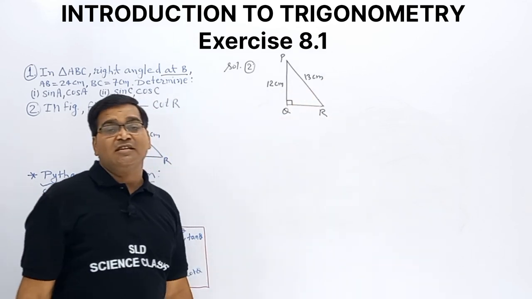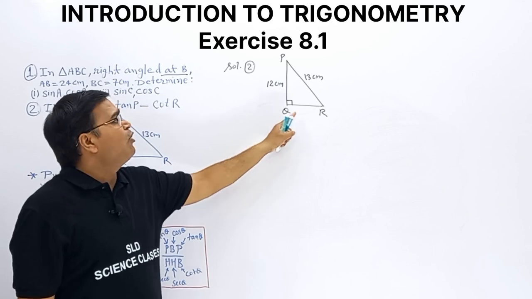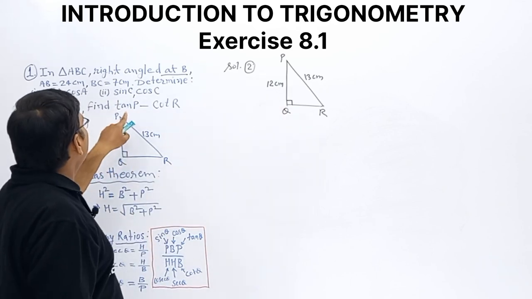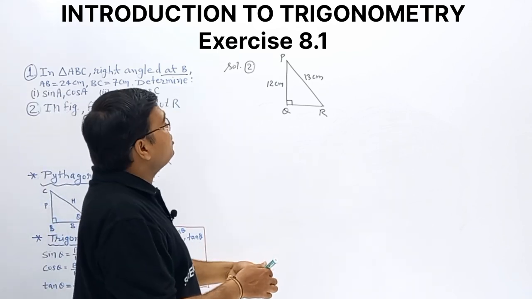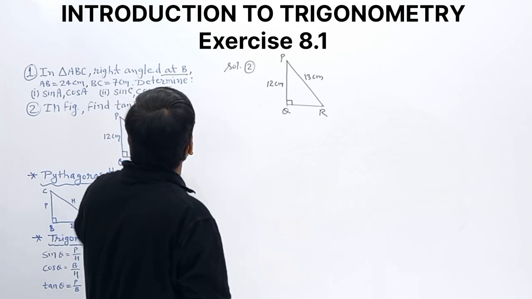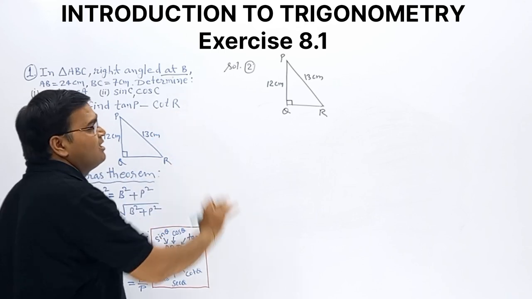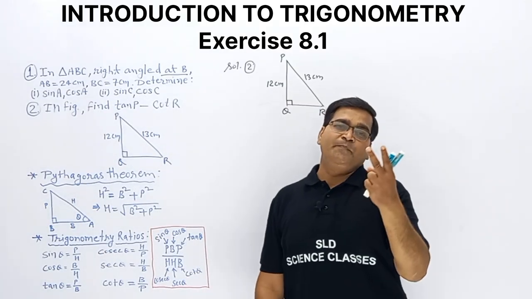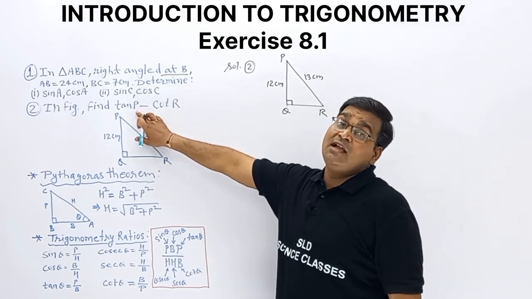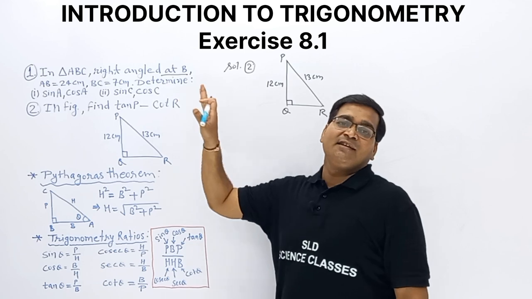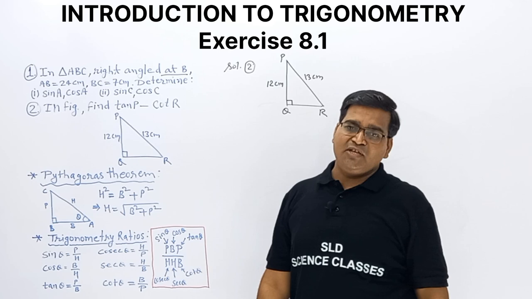Two sides of this right triangle are given, with 90 degrees at Q. We want the value of tangent P minus cot R. We will solve this, but first we should know tangent P and cot R. Listen carefully: in tangent P we have P as the acute angle, and in cot R we have R as the acute angle, the angle of reference. We already studied how we will find the ratio.